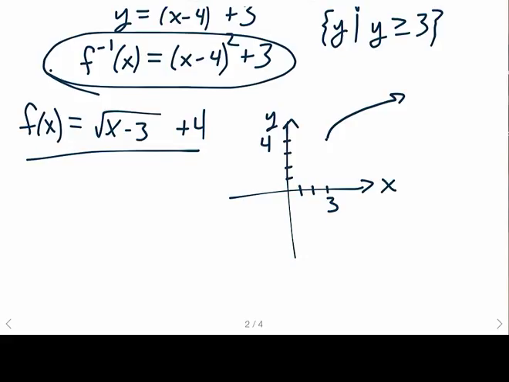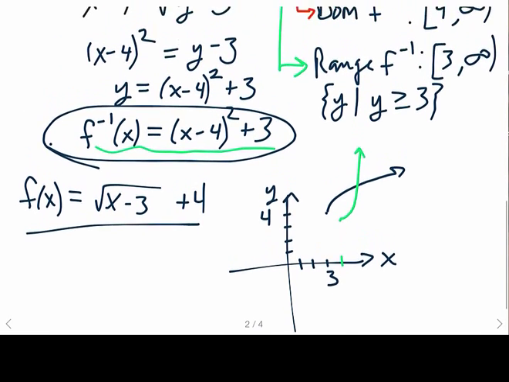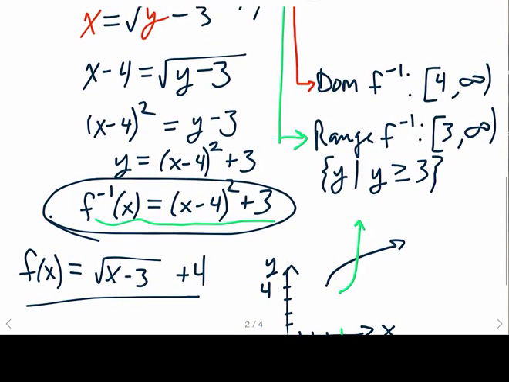Now for f inverse, which I'll do in a different color, f inverse is a parabola, and the parabola is moved to the right 4 units and up 3 units, but we're only going to draw half of it. The reason for that, I can appeal to a couple of different things. One, we had the domain and range business, right?